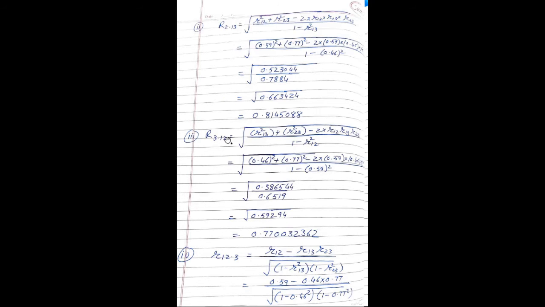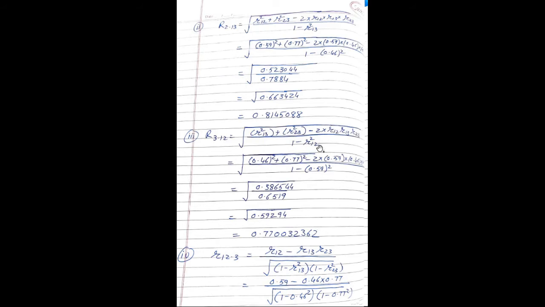Now third part, capital R 3.12. First of all, we'll write the formula square root of r square 13 plus r square 23 minus 2 into r12 into r13 into r23 divided by 1 minus r square 12.